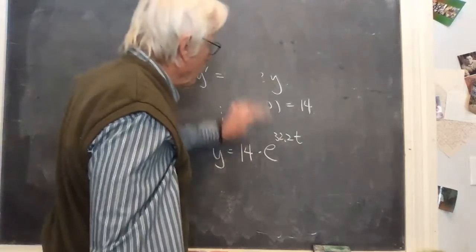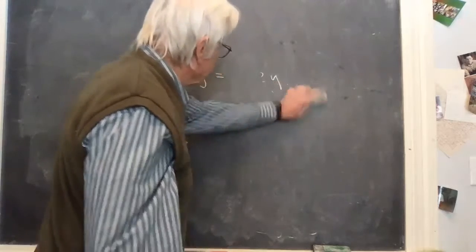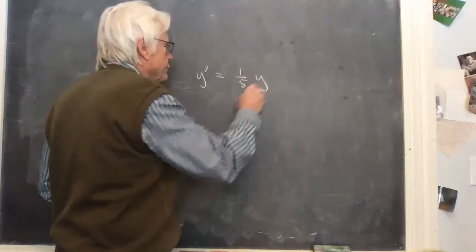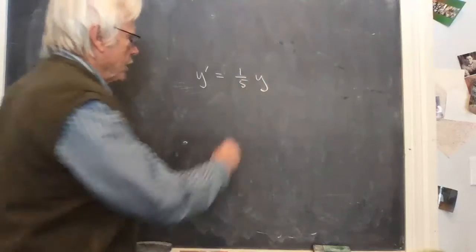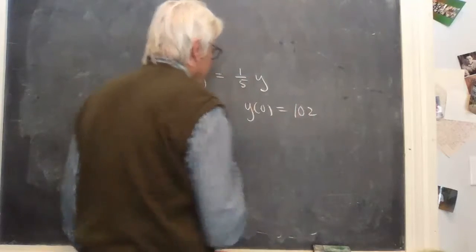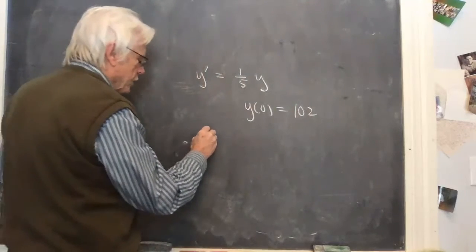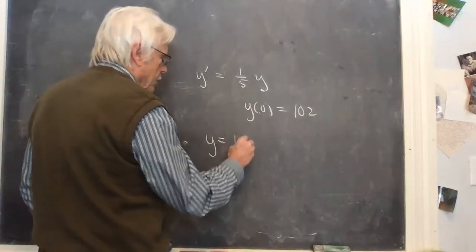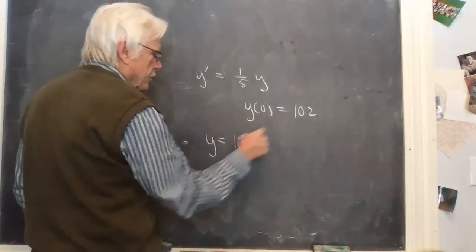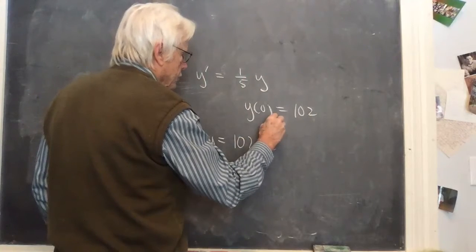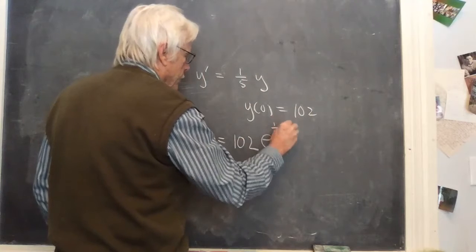Or, and these all work the same. y prime equals 1/5 y. Let's say y of 0 is 102. Then the solution to this, y is equal to a constant times an exponential function. That constant is 102, e to the 1/5 times t.